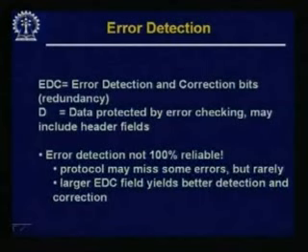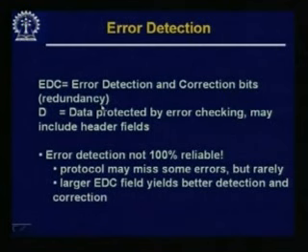But in this case, the redundancy comes in the form of extra bits that we introduce into the data, which means that whatever data is being sent, we also send some extra bits specifically for the purpose of error detection and correction. So, EDC are the error detection and correction bits which are actually redundant, that means they are not an original part of the data, they are extra bits which have been introduced.